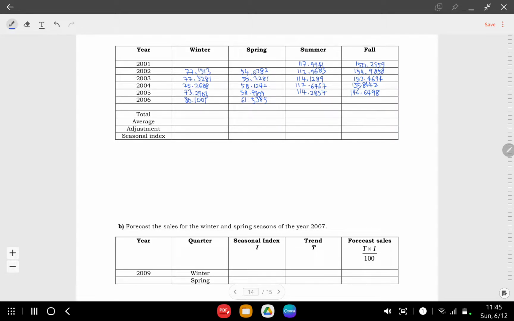The first one is for column winter, 77.1513 plus all the values in the first column. So this is the answer, 383.3386.